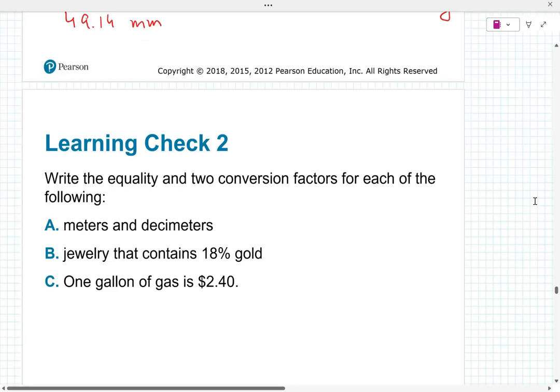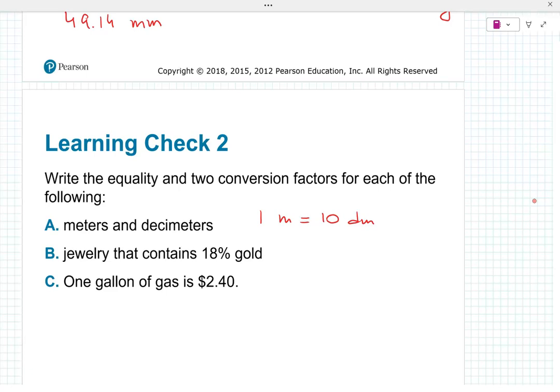So you may not realize, but you use equalities all the time in real life. So for instance, meters and decimeters. 1 meter is 10 decimeters. So everybody understands the conversion factor for this example. Okay, good. 18% gold.